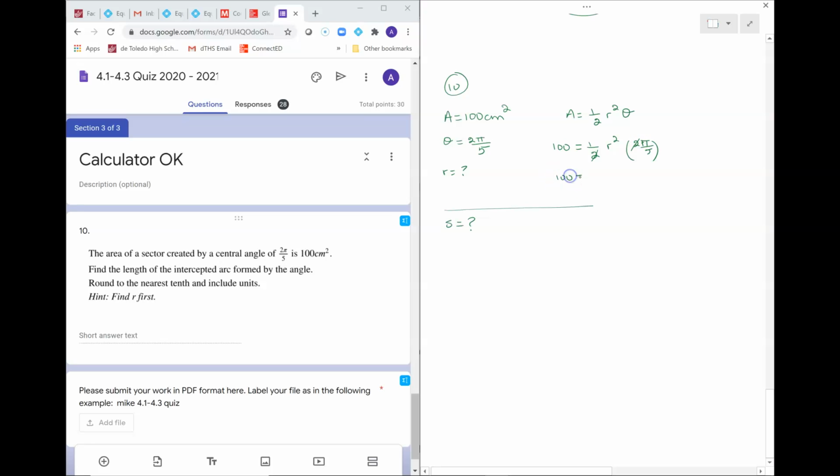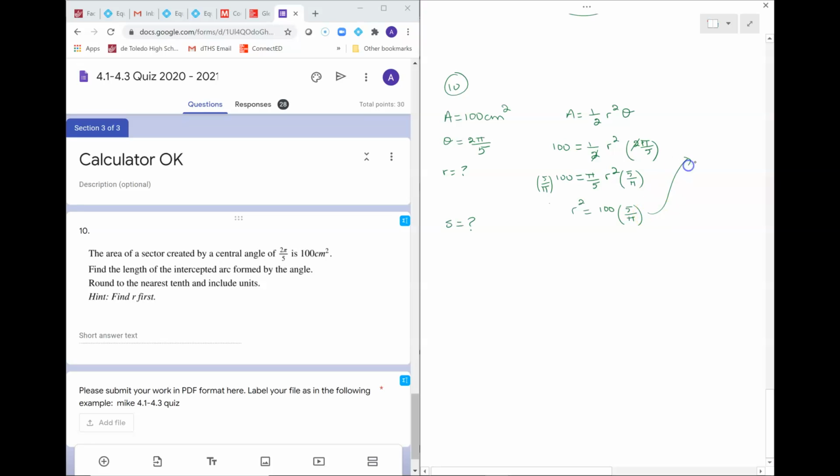So 100 is equal to pi over 5 times r squared. Multiply both sides by 5 over pi. I get that r squared is equal to 100 times 5 over pi.